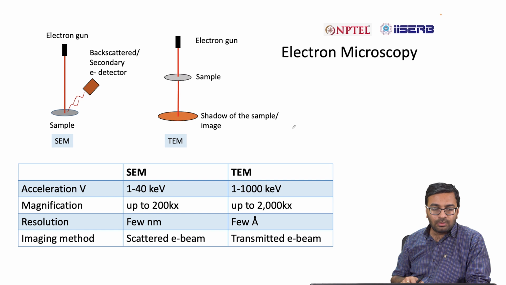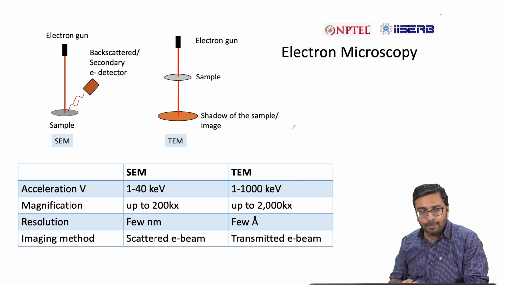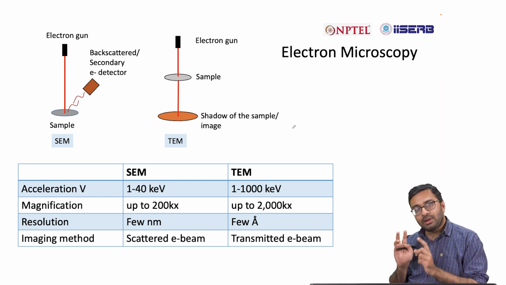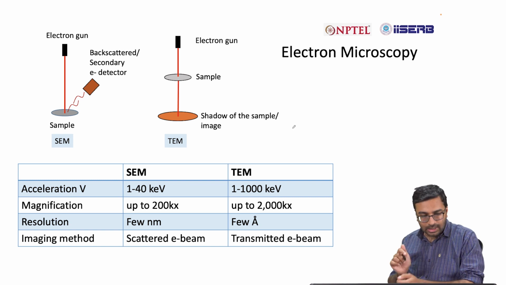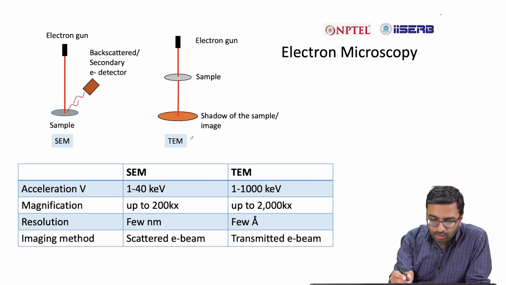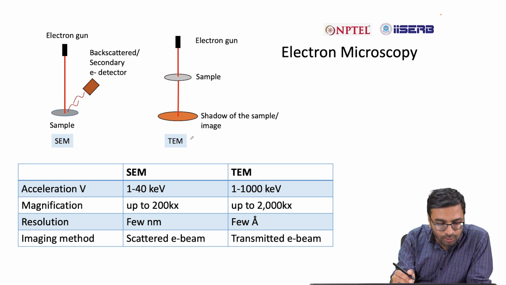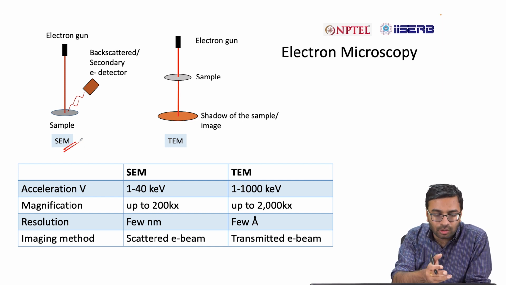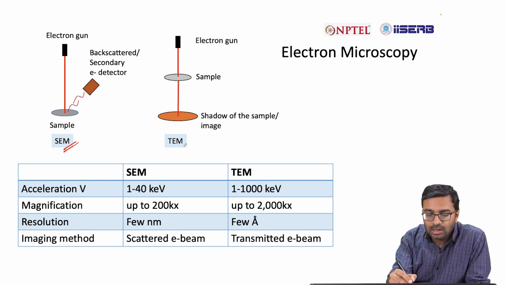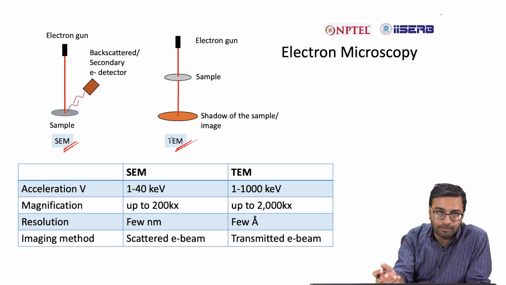So in an electron microscope, you will find that there is an electron gun present, and there are majorly two different types of electron microscope. One is scanning electron microscope, another one is transmission electron microscope. Scanning electron microscope is well known as SEM, the acronym of scanning electron microscope. However, transmission electron microscope is known as TEM, right?